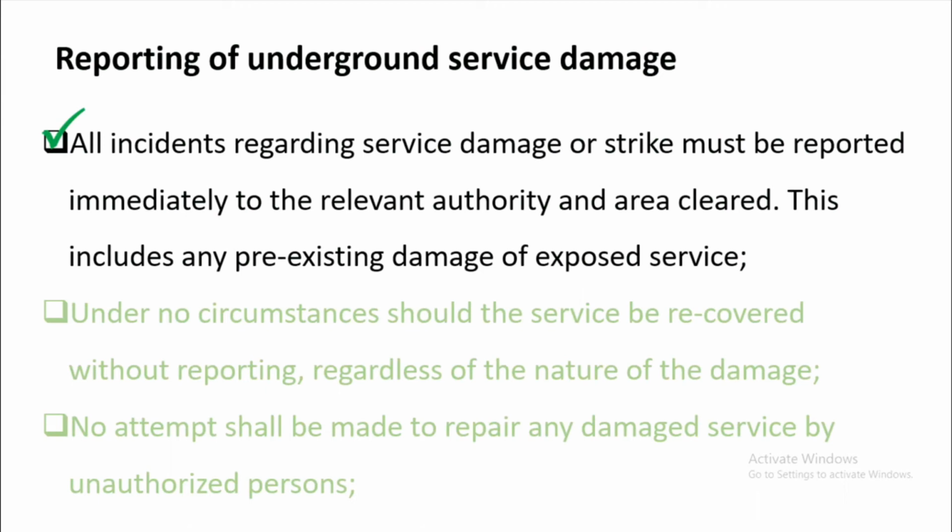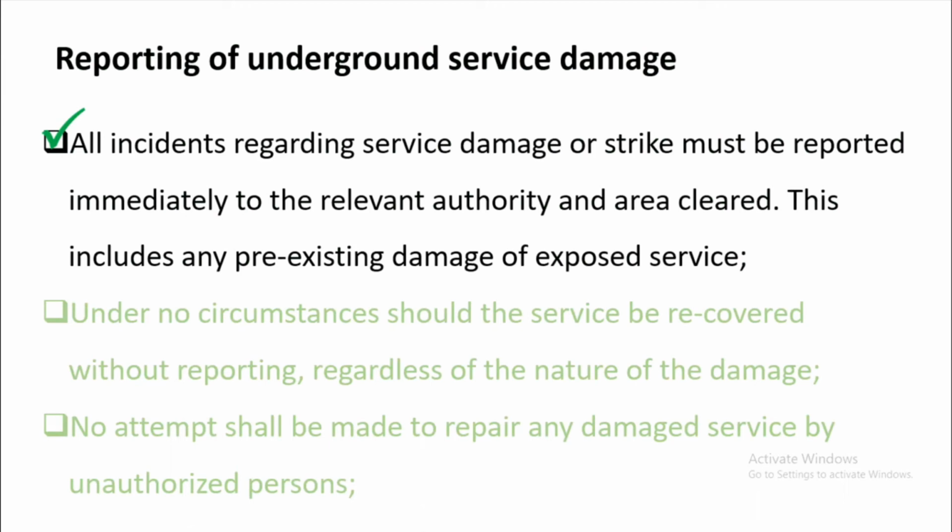Because if you did not inform them, then there is a lot of loss, and maybe your company will be fined for those losses. So immediately inform the relevant authority, the service company, or the owner of that utility to make appropriate actions.